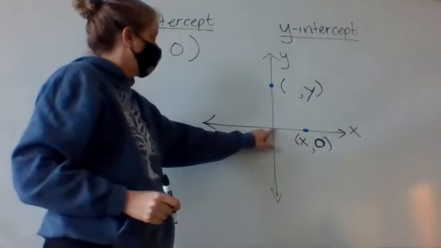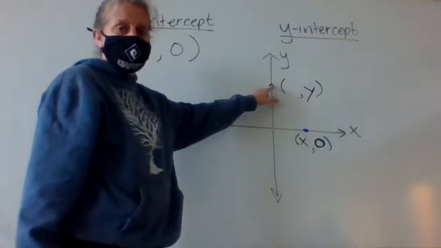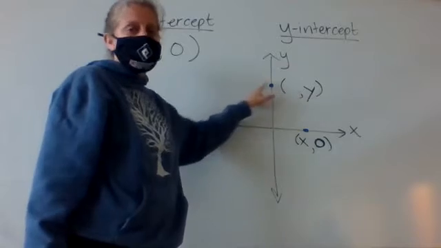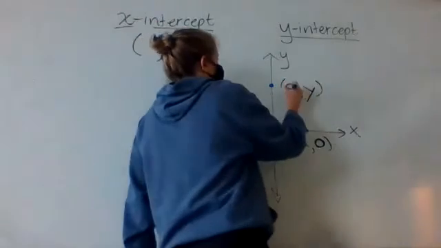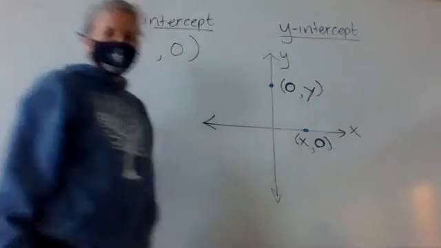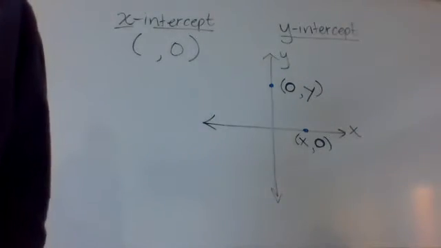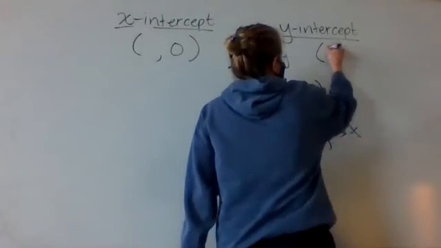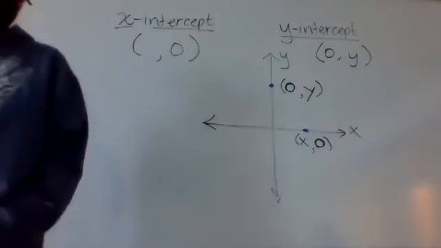If I start here and end up here, I didn't have to travel left or right to do that. That is because your x is 0. So that's what all y-intercepts have in common, is their x is 0.